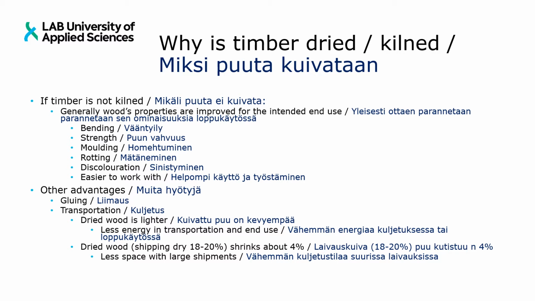You take the bending properties, that changes with the kilning, and also the strength. Usually, if you kiln dry the piece of timber, it gets stronger. If you don't kiln the piece of timber, it will mold.